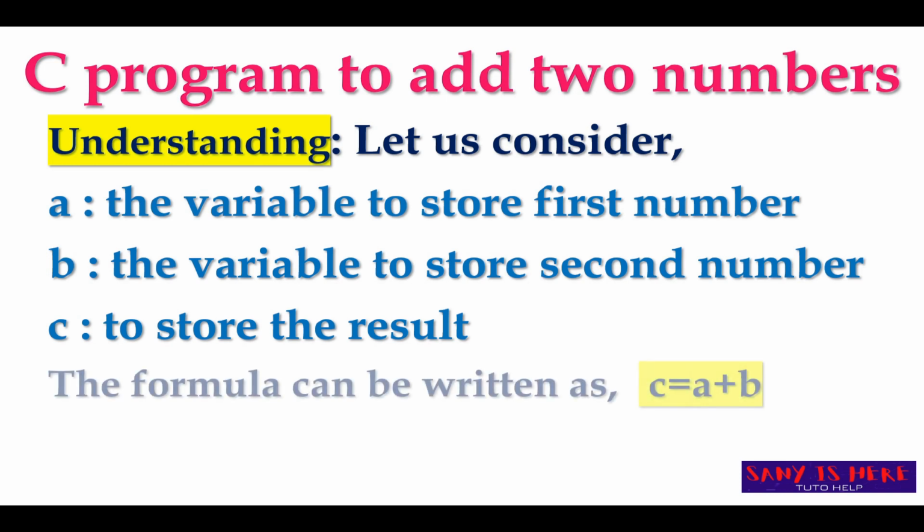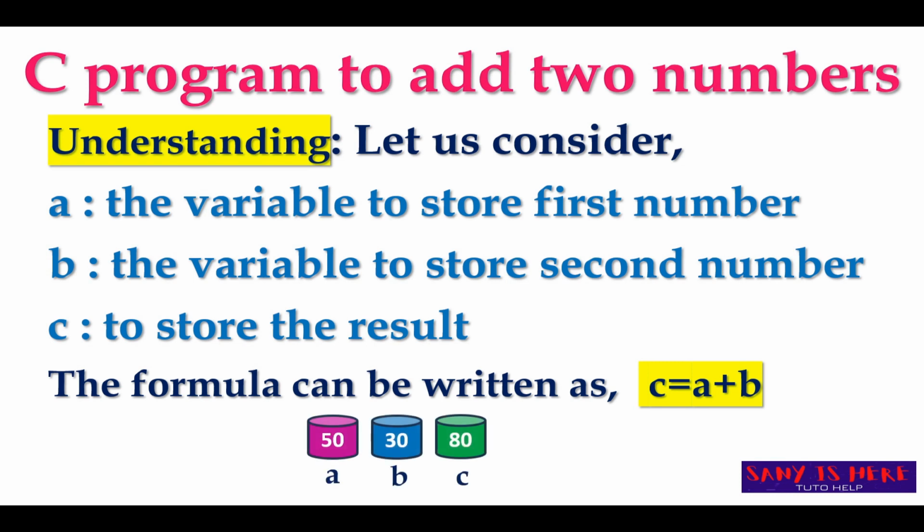Now the formula can be written to add two numbers, that is C equal to A plus B. Simple. A is a container where you can store an integer number. B is a container where you can store another integer number, and according to the formula in C we get the result as 80. Got it?